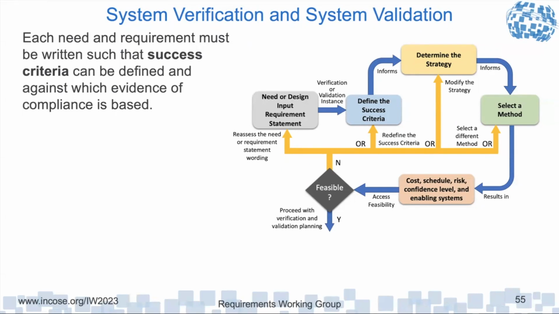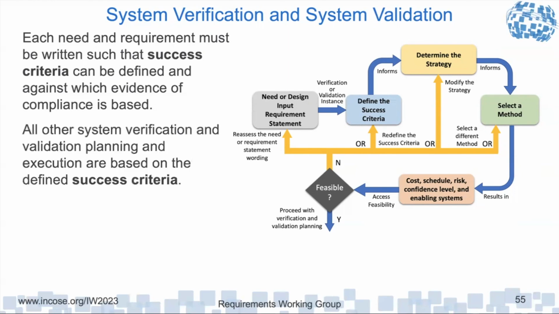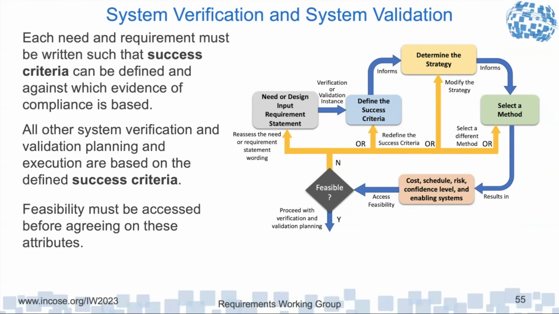And if it's not feasible, we may need to change the need or requirement wording. We may need to redefine the success criteria based on that change in wording. Maybe we come up with a different strategy and a method. All this planning starts with the success criteria, and we need to do this feasibility assessment.